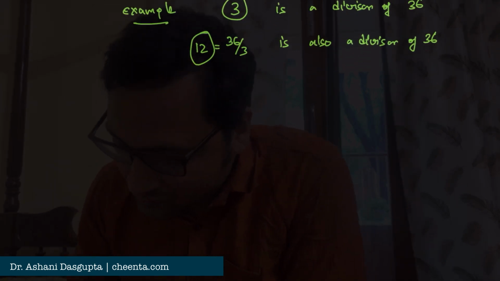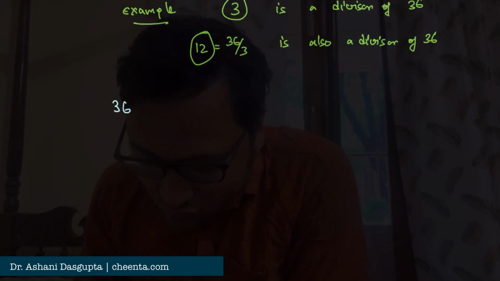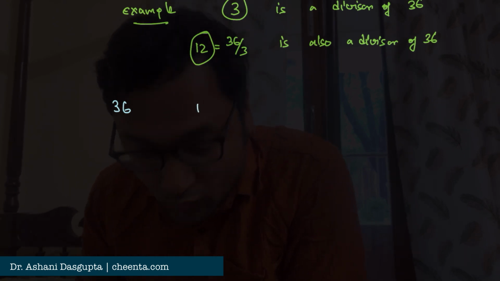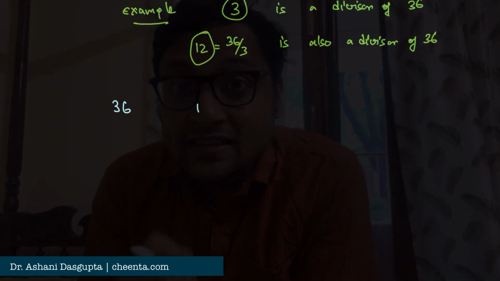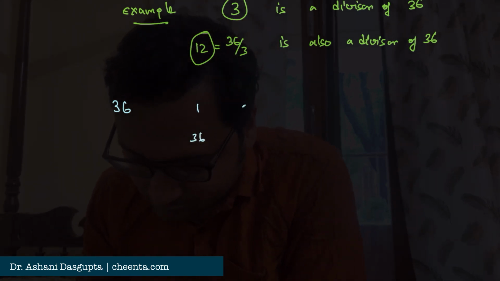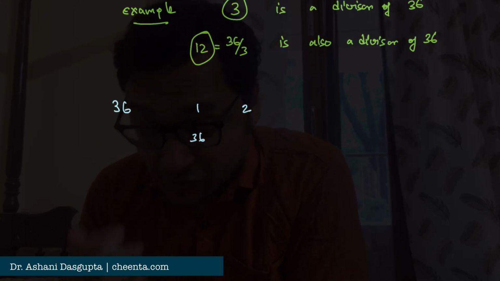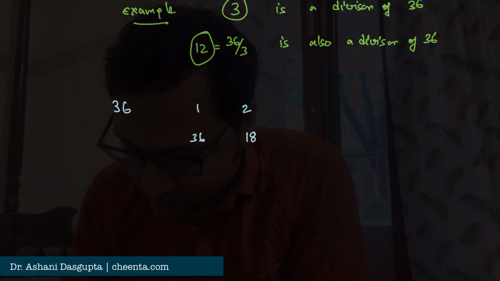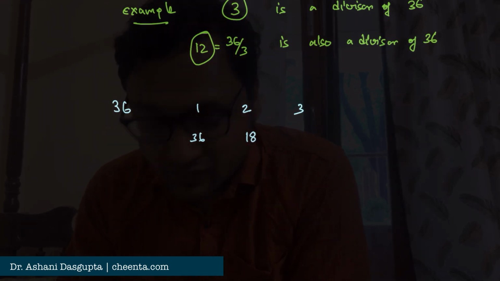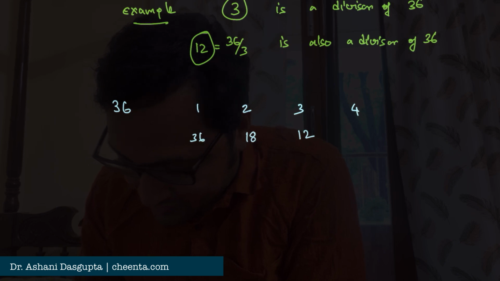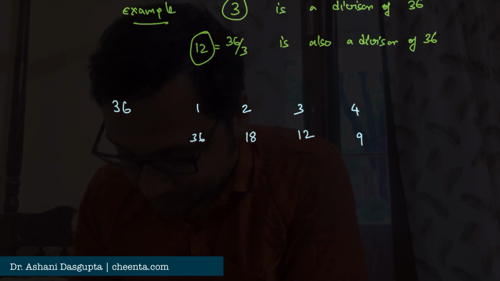In fact, for 36, I can write down all the pairs. Let's first list out all the divisors. So 1 is a divisor. So 36 by 1 is its pair or friend. 2 is a divisor. So 36 by 2, which is 18, is its pair. 3 is a divisor. That means 12 is its pair, 4 is a divisor, 9 is its pair.